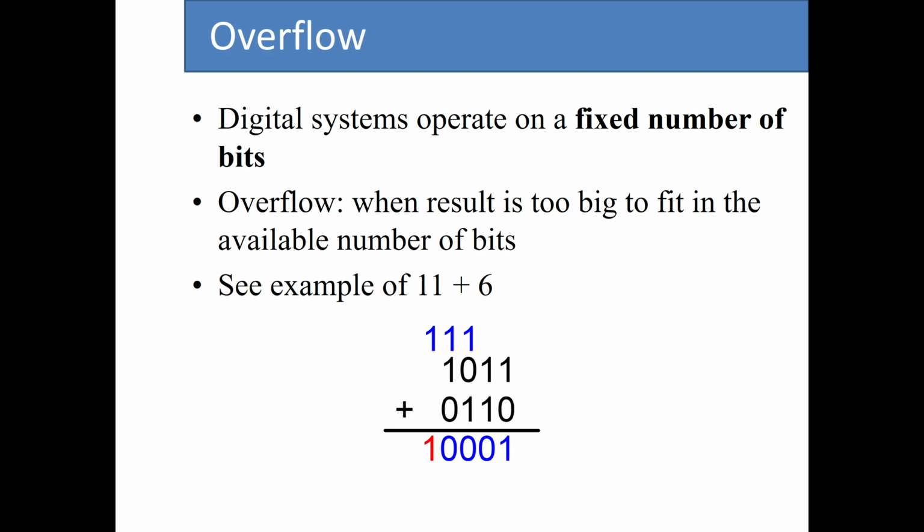So overflow happens when the result of some procedure is too big to fit in the available number of bits. And the example that we saw, 11 plus 6, assuming that we are working with a 4-bit system, results in overflow.